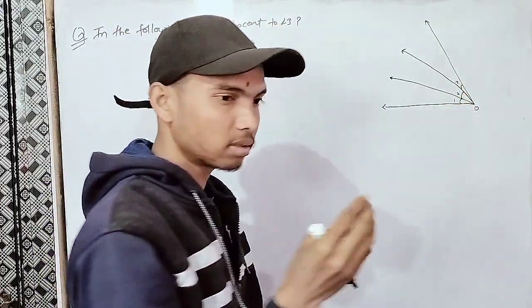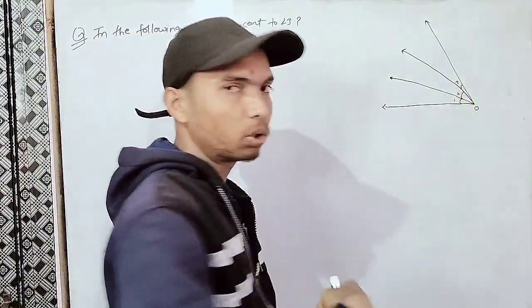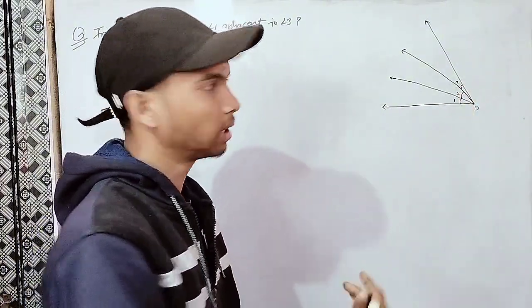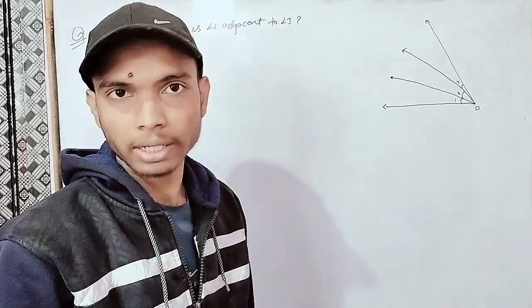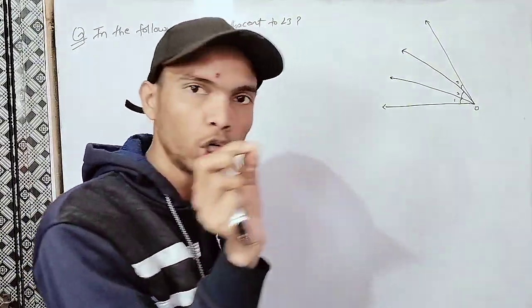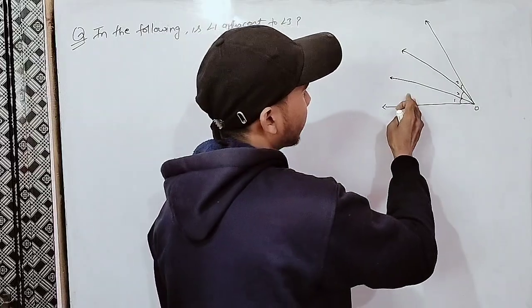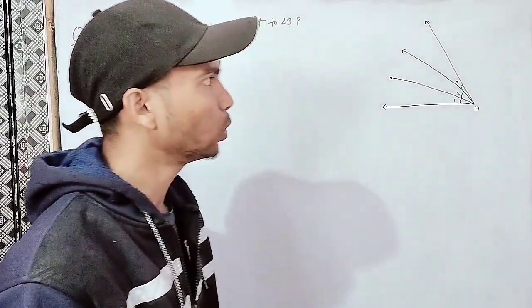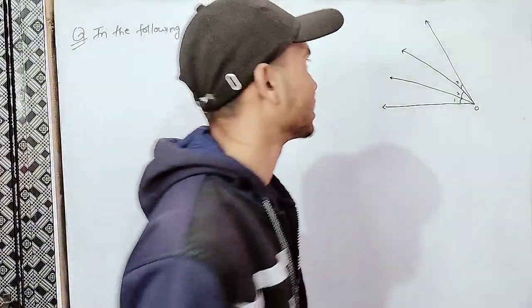But in the context of angle 1 and angle 2, we have this common arm, so we could have said that angle 1 and angle 2 are adjacent.